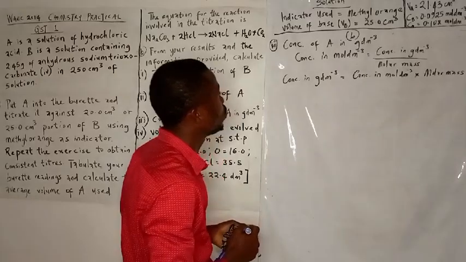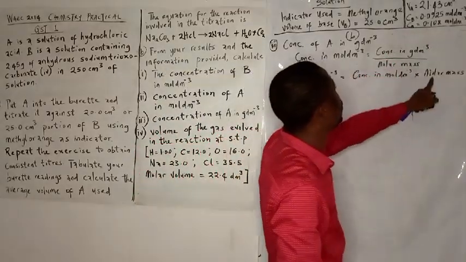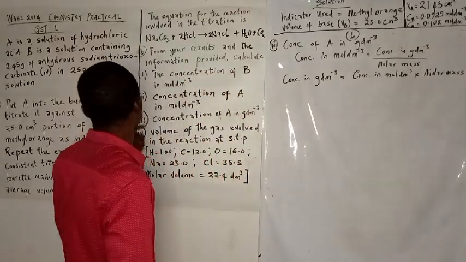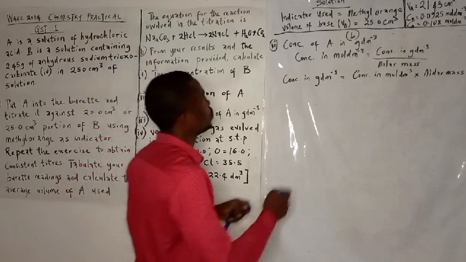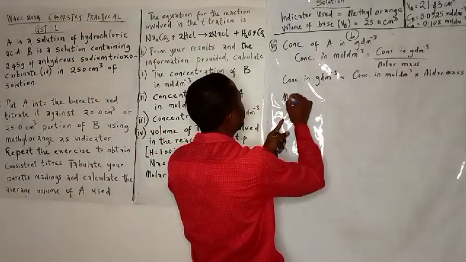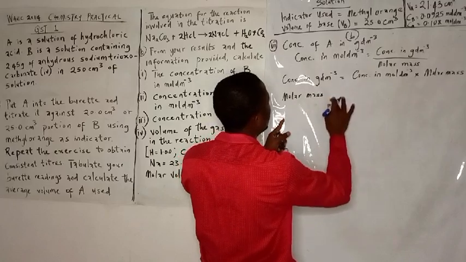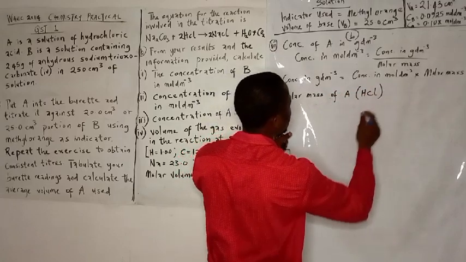And so we have known the concentration of A in mole per dm cube, that's our Ca, but we need to find the molar mass of A, and A is the acid, hydrochloric acid. So we say molar mass of A, that's HCl.